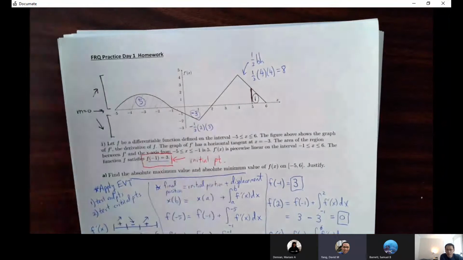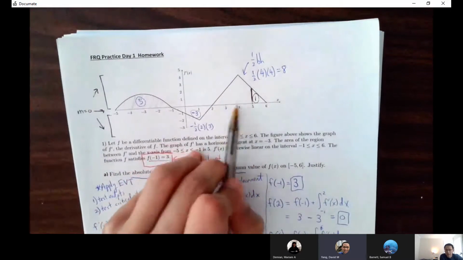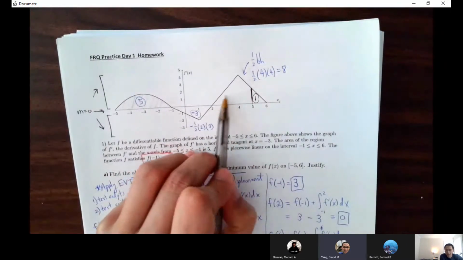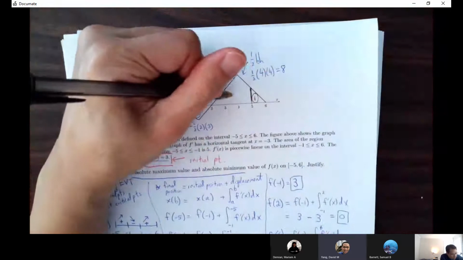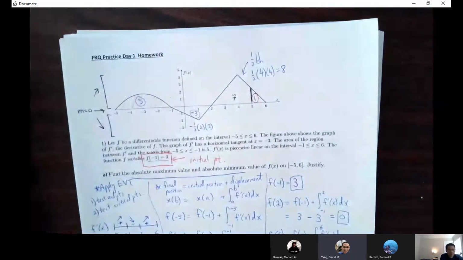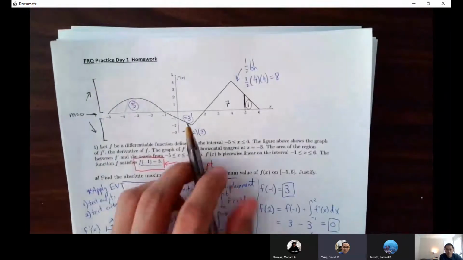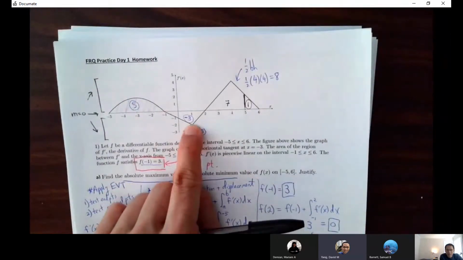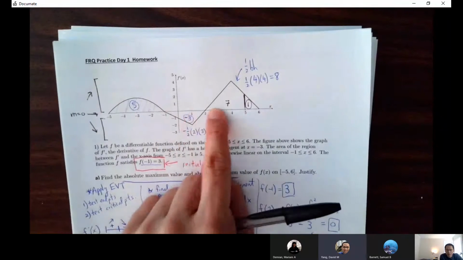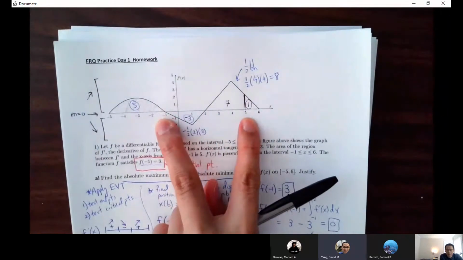If that's an area of 1, then we know this entire triangle is 8. We know the remaining region must be 7, right? So if I want to find the definite integral from -1 to 5, it's just going to be -3 plus 7.